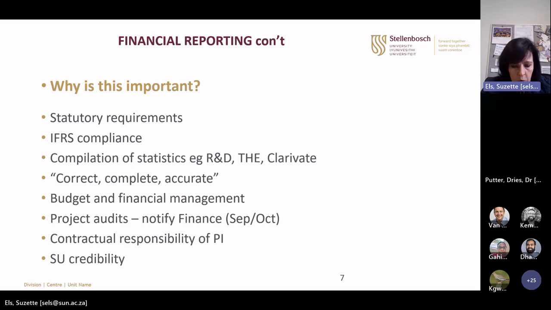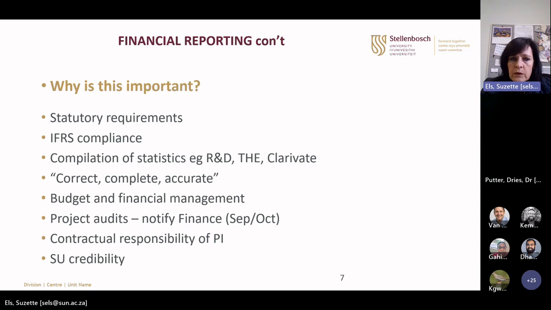It is important because then I know that the responsibility is with the researcher to give the correct, complete and accurate information towards the financial report. Because I'm not involved in the project itself, I can know that the data that I extract from the cost center is correct, and that you do a formal report on that.